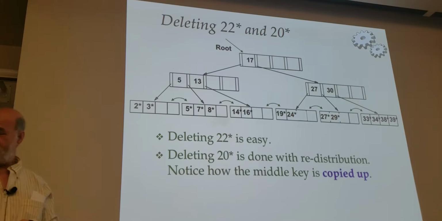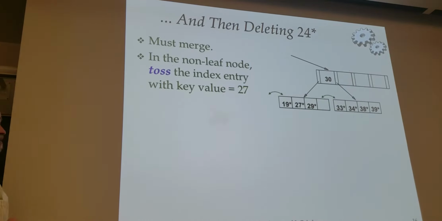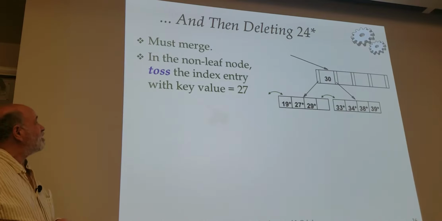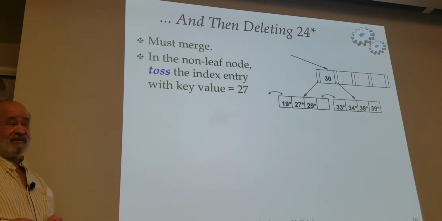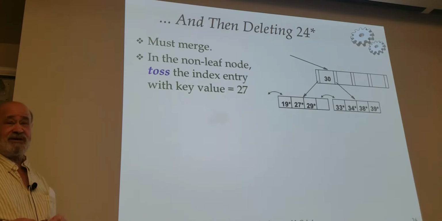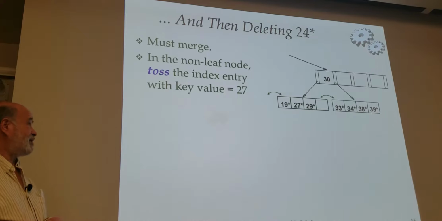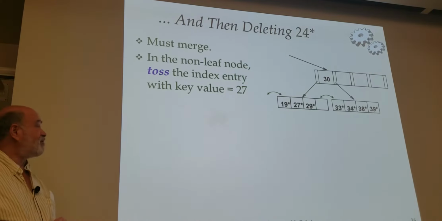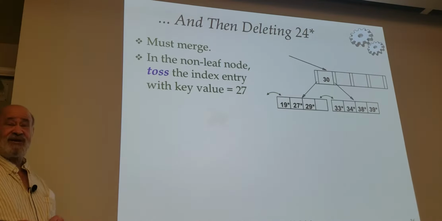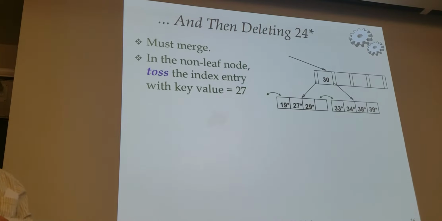So again, we only have 1 traffic cop up above. So in this case, we just have the 30, and we don't have to have a traffic cop for the 27 because it's only 1 node. You don't need to distinguish between 1 node in itself. You just go ahead and only have 1 traffic cop. Unfortunately, that's not half full, so the parent got the problem from the kid.